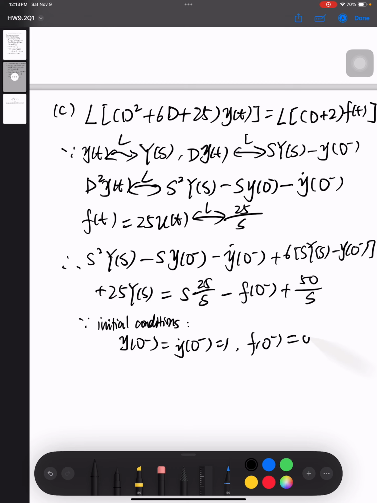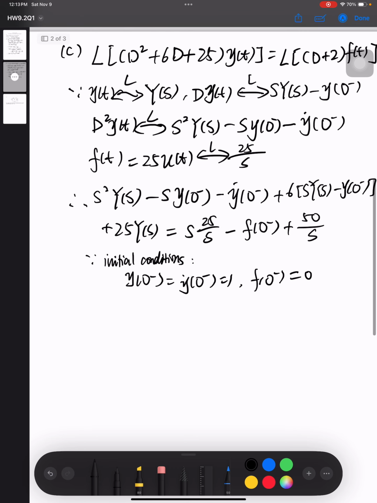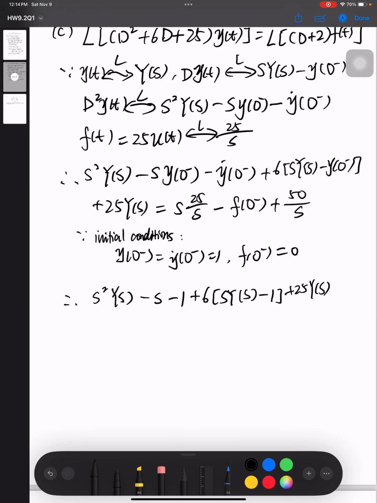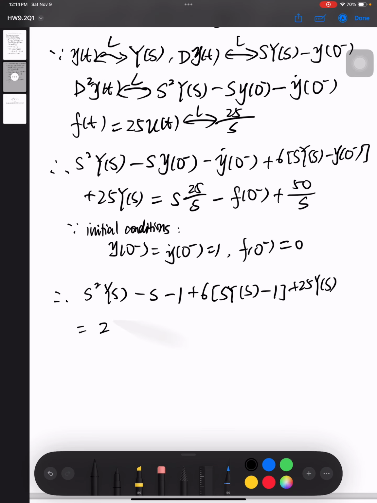So we can get s squared Y(s) minus s minus 1, plus 6 times sY(s) minus 1, and plus 25 Y(s) equals 25 plus 50 over s.